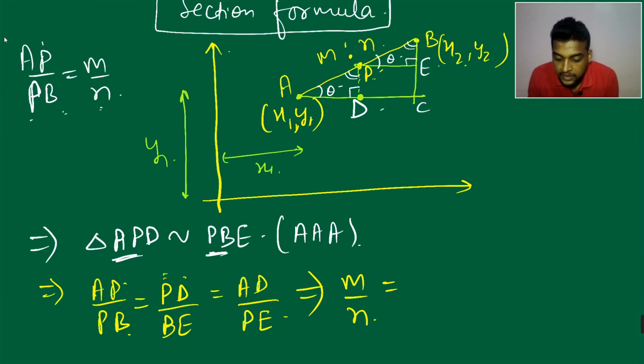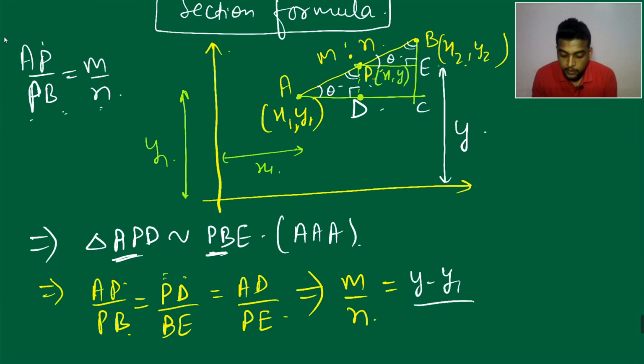Let this point P be (x, y), and we need only PD. So can we say PD is nothing but y minus y1? Why? Because y is this whole distance, and we need only PD. So PD is y minus y1, upon BE.